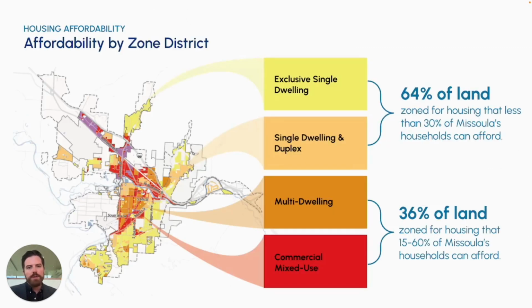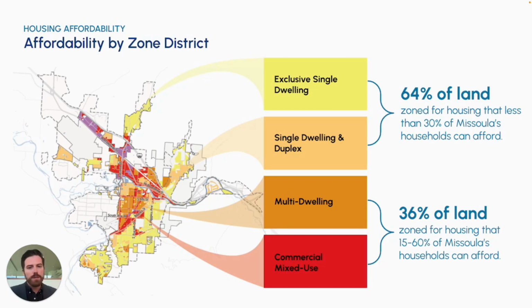When we incorporate the affordability data related to each zone district that we presented previously, this underscores some of the equity issues that are associated with this zoning map. And that is that about 64% of the city's land that's zoned for housing is reserved for housing types that less than 30% of families can afford.